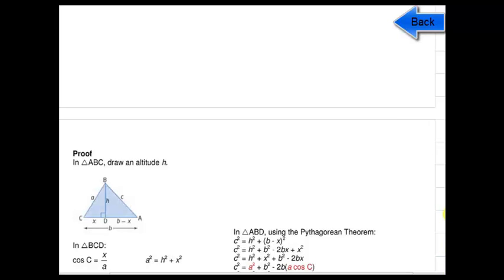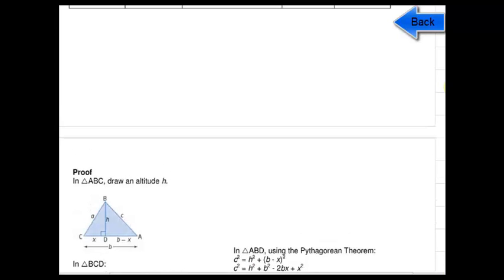Okay, now before we go over the table, I just want to show you how you can manipulate the formula to find an angle. So let's say you want to find angle A, okay? So you would want to use this version of the cosine law.